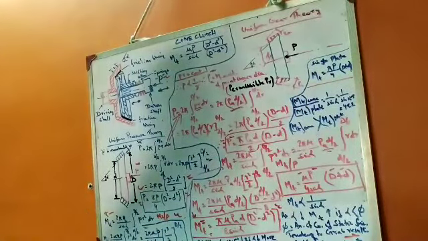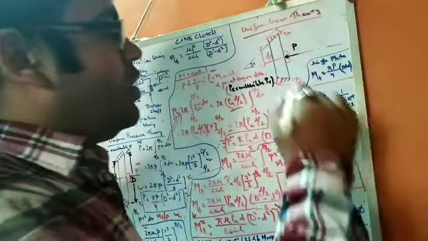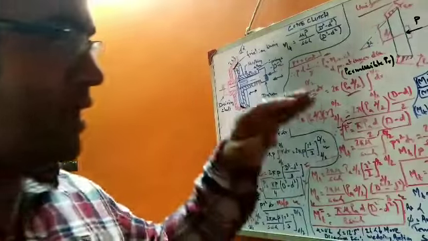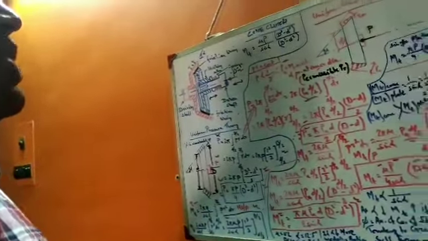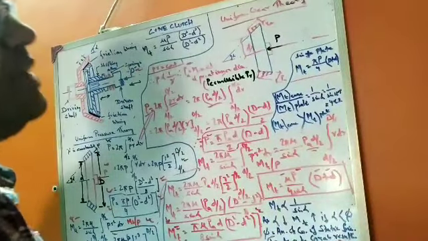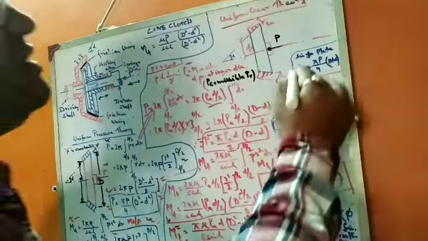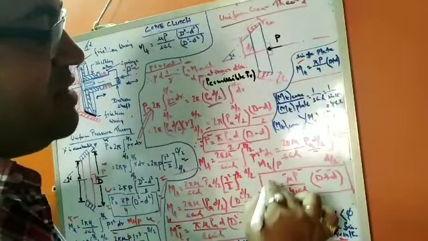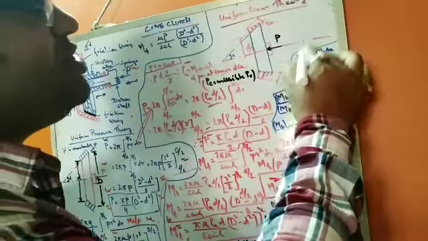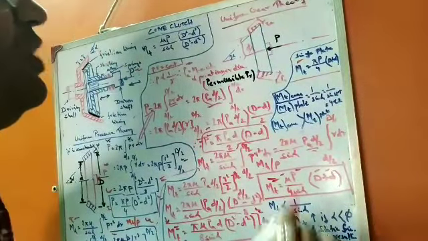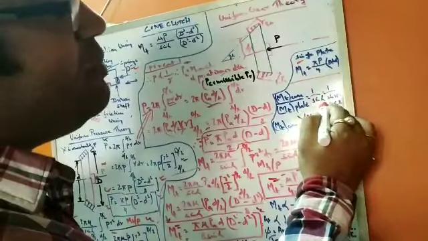For the cone clutch, we get this expression: mu pi p by 4 sin alpha into D plus d. Now when we divide the expression of the cone clutch by the expression of the plain single plate clutch, it comes to 1 by sin alpha.